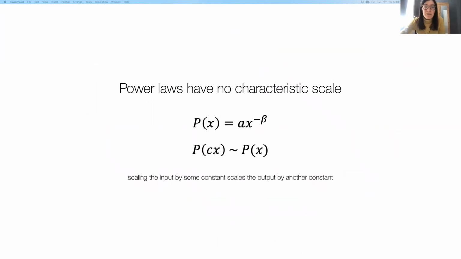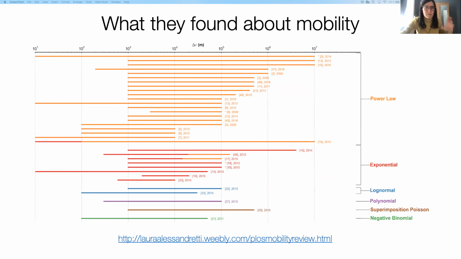Because even when we multiply the input by a constant, the shape of the output is basically unchanged. This is the reason why there are no characteristic scales in these power law distributions, which characterize the distribution of displacement lengths and stay durations. There is some level of controversy around whether power law distributions are the best to describe human mobility, but most studies until now agree on that.